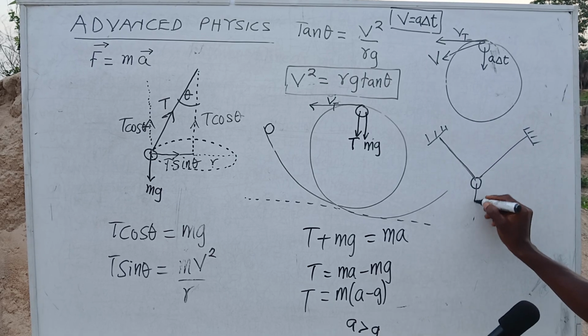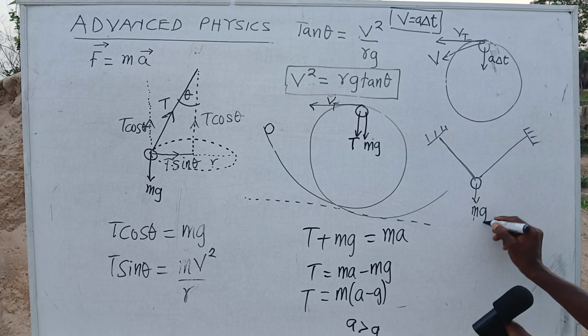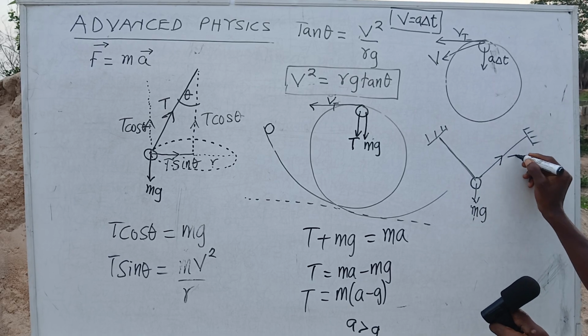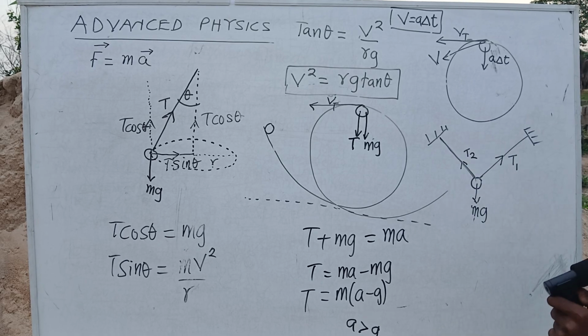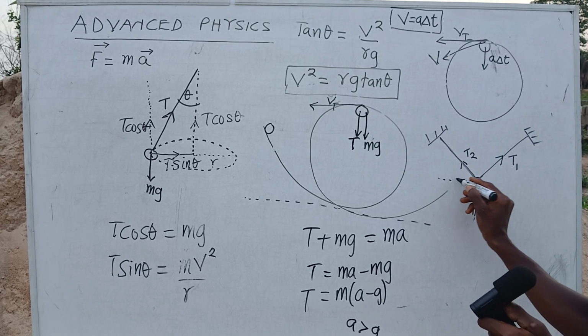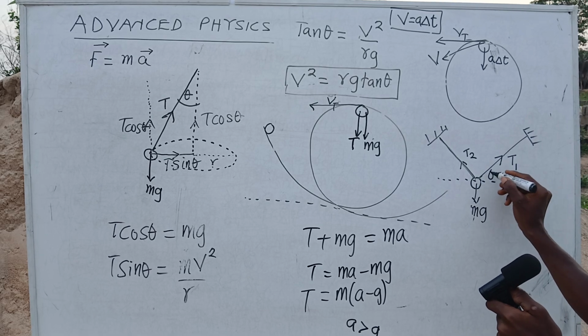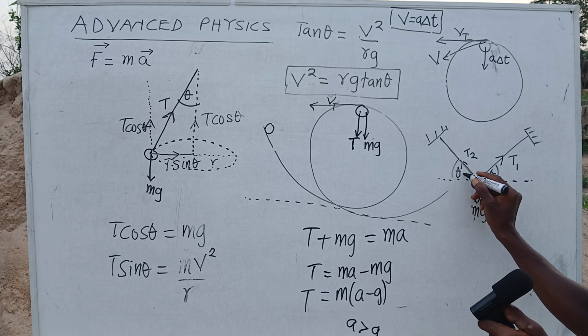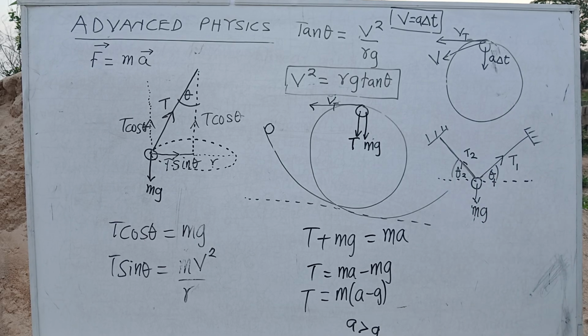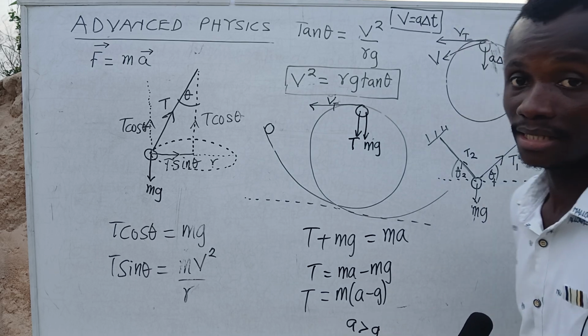There is a force mg on the object, there is a tension T1, and of course there's a tension T2. Now these angles are known, theta 1 and then theta 2. And now the object is in equilibrium. Let's analyze this object.